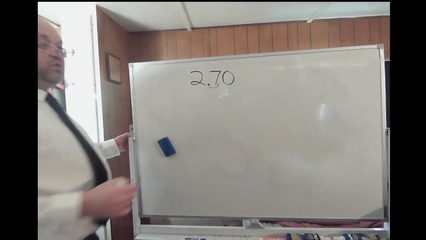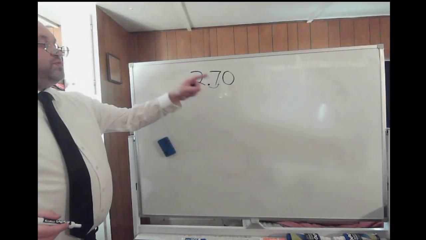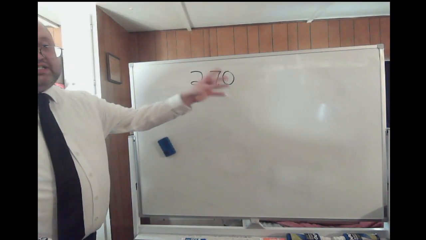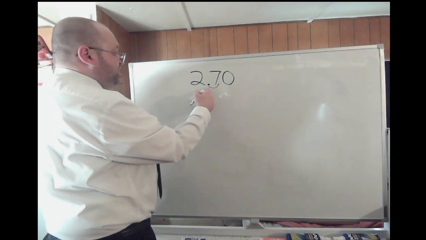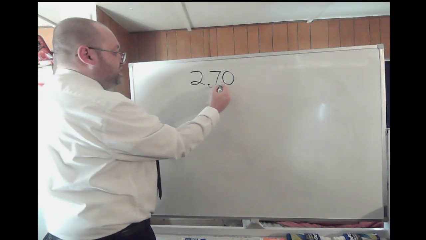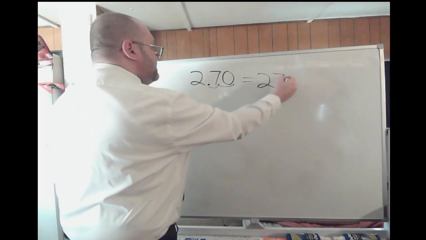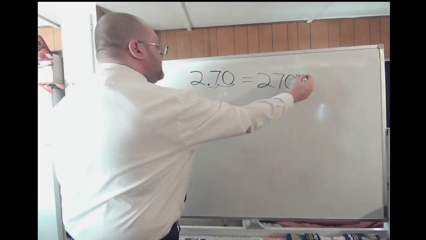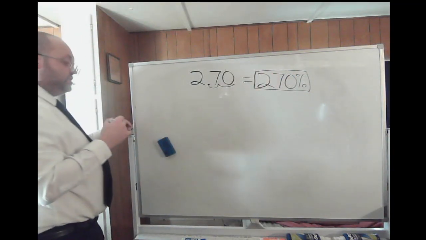If you don't have enough digits to move your decimals, just tack on zeros at the end. So 2.7 goes to 27 for 1 decimal place. A second decimal place would put you at 270%. So yes, this is worth 270%.